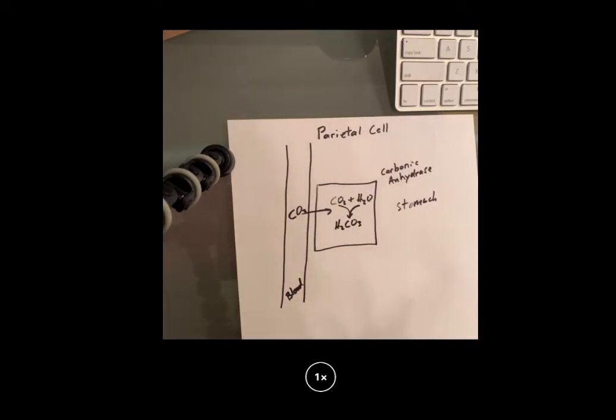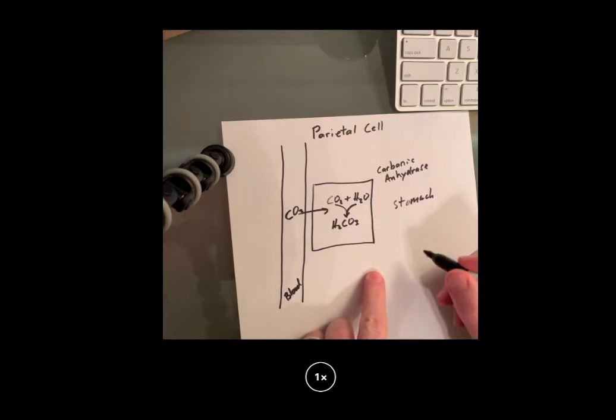And this is the same as acid rain. So if you take a glass of water and you take a straw and you start blowing your breath into that glass of water, you will make carbonic acid. Same stuff. H2CO3, carbonic acid.